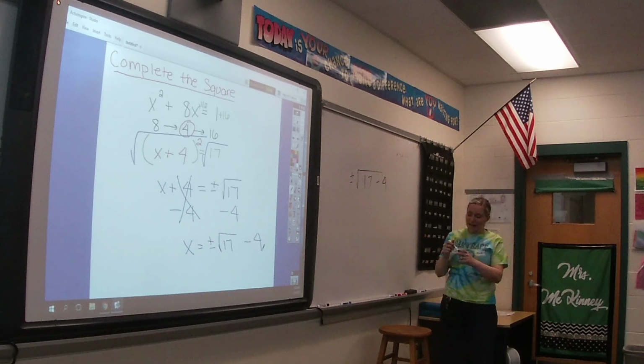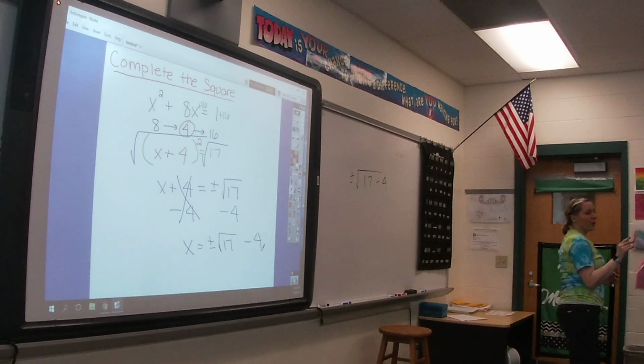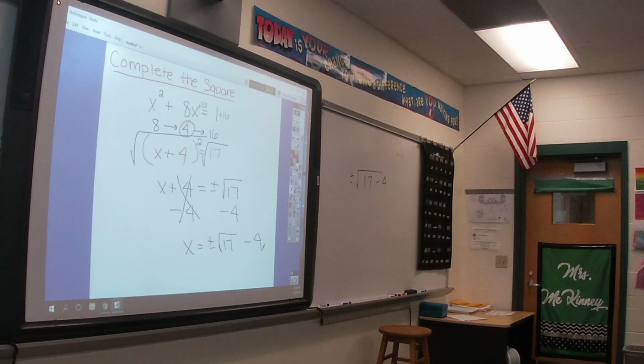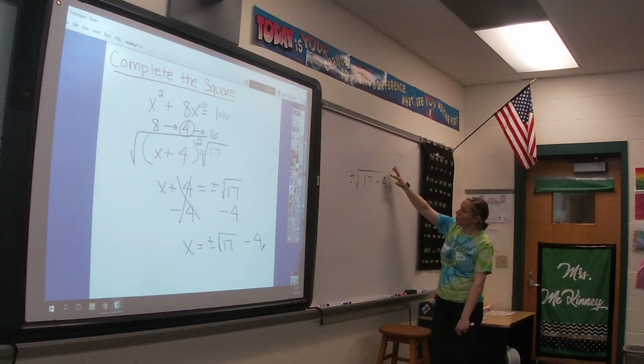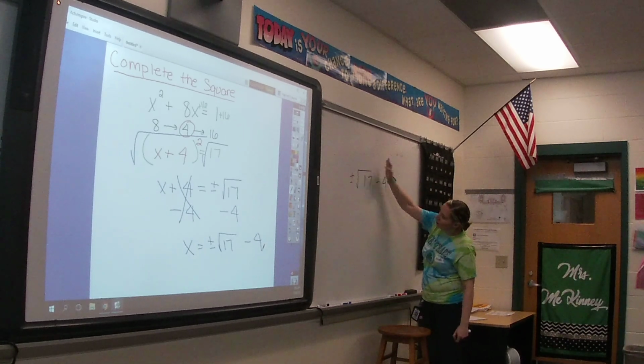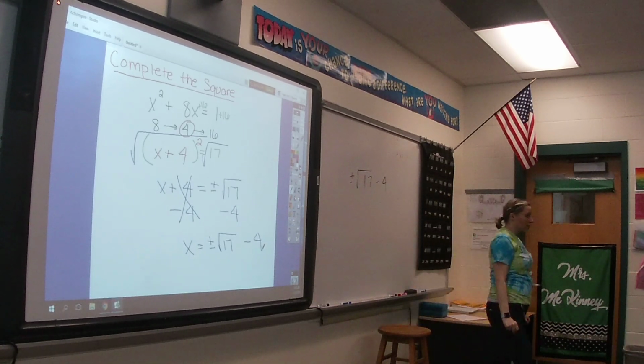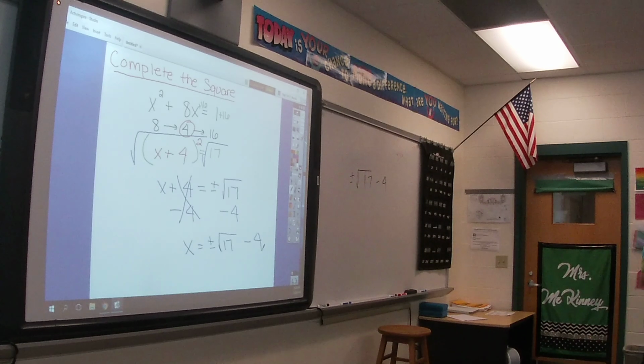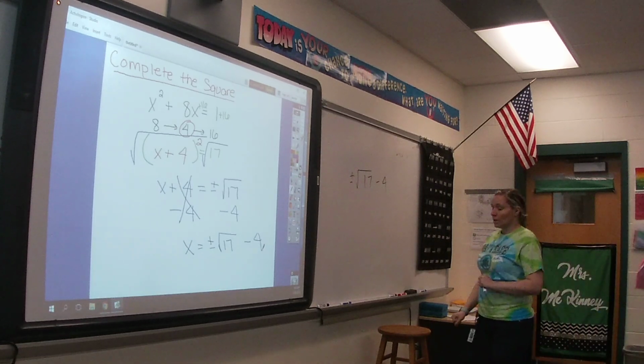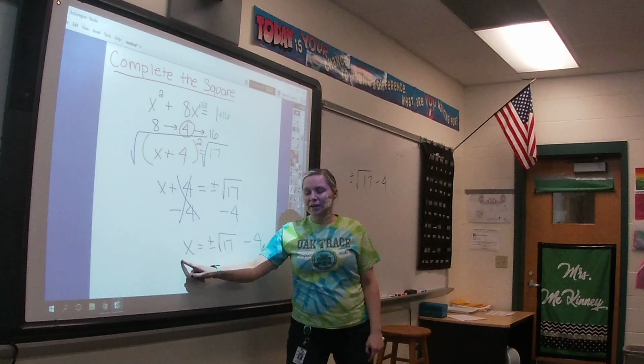Is that correct? No, because the only thing that is inside the square root is the 17. Don't get anything extra underneath there. So as weird as this is, it is our answer.